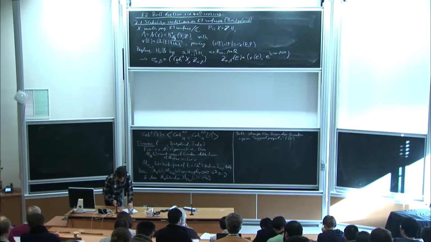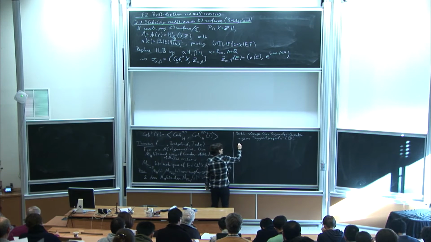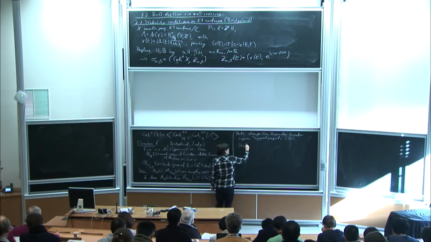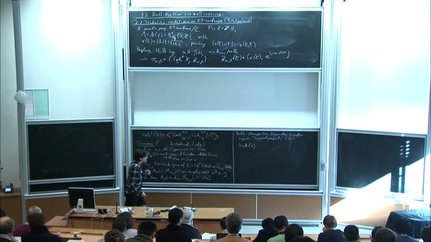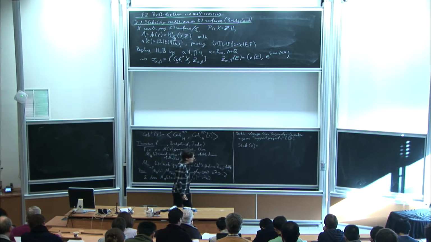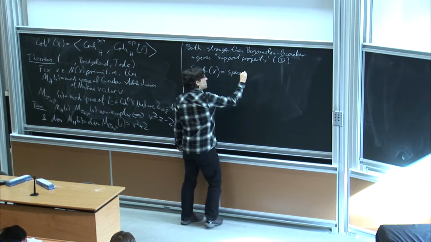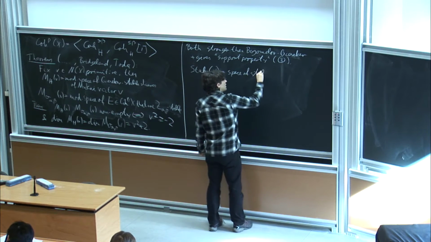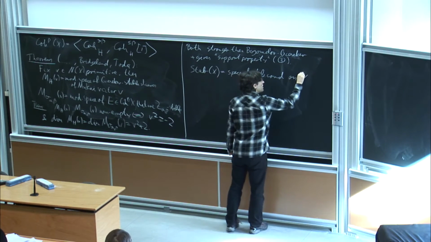But I also want to say a little bit about the space of stability conditions. One can introduce a topology on the set of all stability conditions, and the set of stability conditions on X becomes a topological space that I'll call Stab(X).